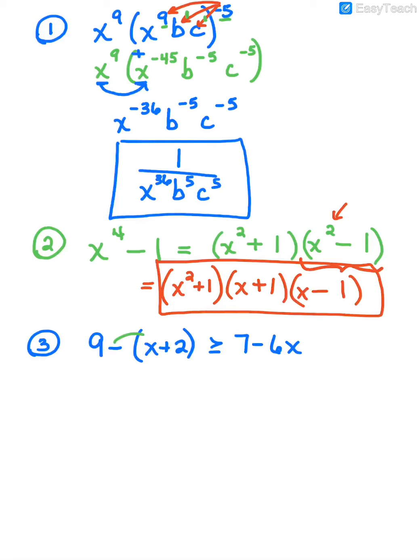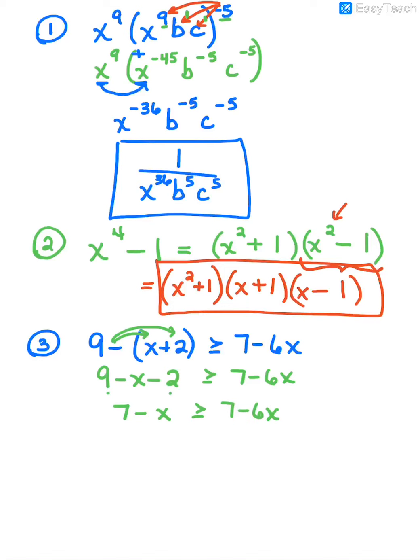The first thing is you would have to distribute this minus sign. So we would have 9 minus x minus 2 is greater than or equal to 7 minus 6x. Now, if I combine like terms, the 9 minus 2 would leave me with just a 7 minus x is greater than or equal to 7 minus 6x.